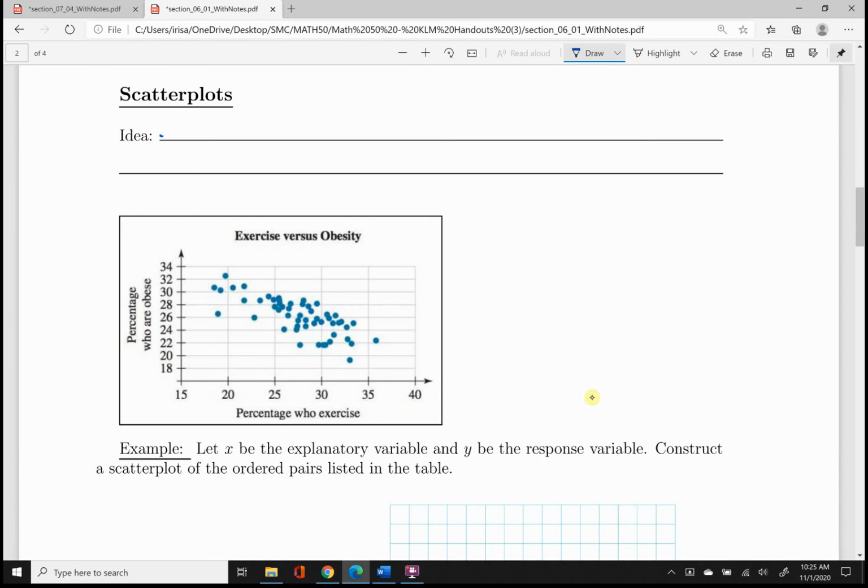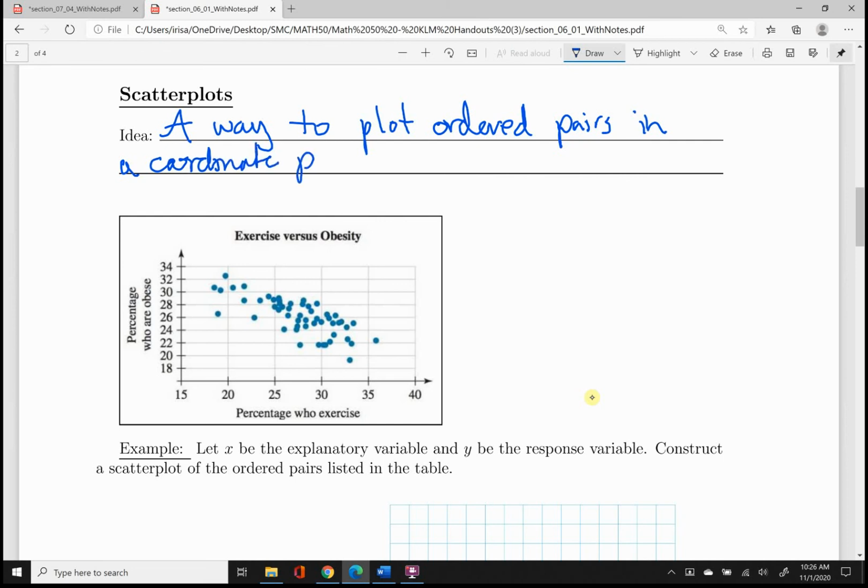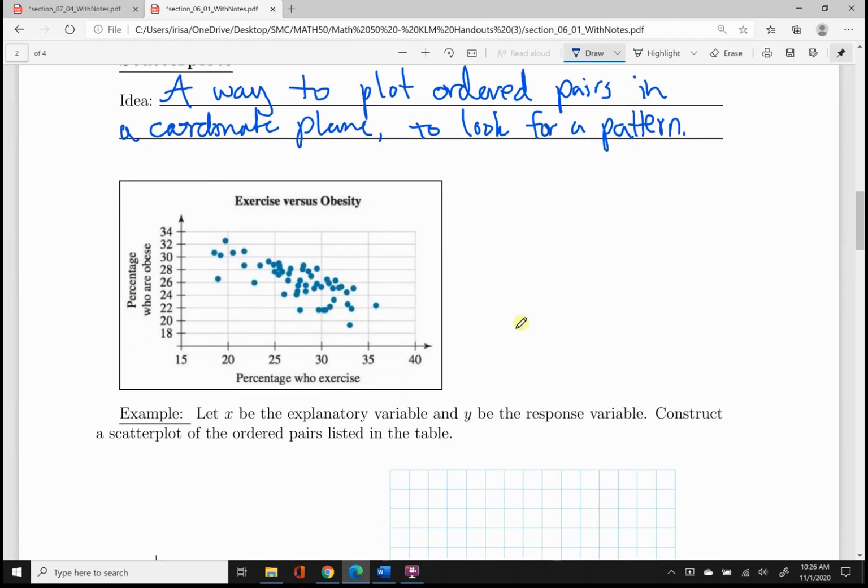So this is a way to plot ordered pairs in a coordinate plane. And really the purpose of it is to look for a pattern. We'll talk about such patterns that could arise in regard to making scatter plots.